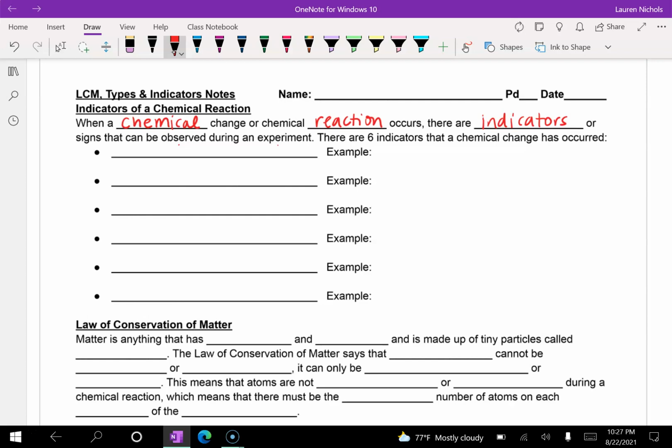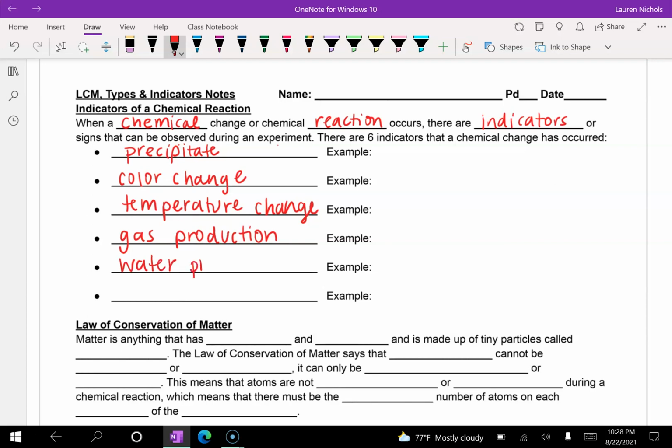The six indicators are precipitate, color change, temperature change, gas production, water production, or water as a product, and odor change. So change in smell.